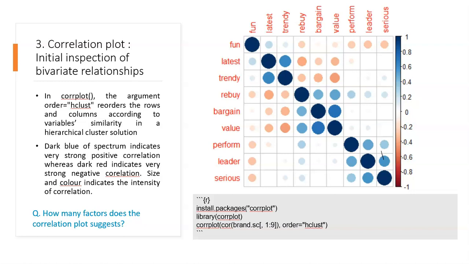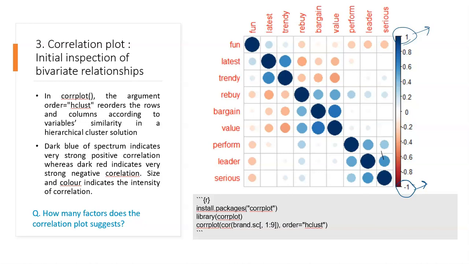You can read this correlation plot: dark blue signifies a perfect correlation, that is 1, which is highest, and dark red gives you -1, meaning those two variables are negatively correlated.